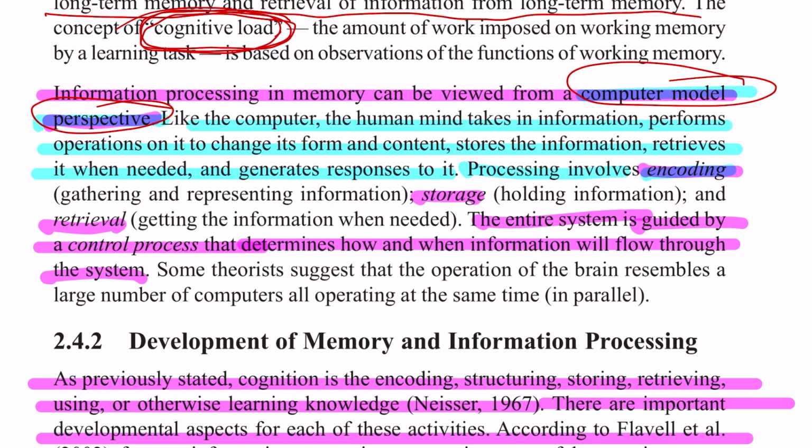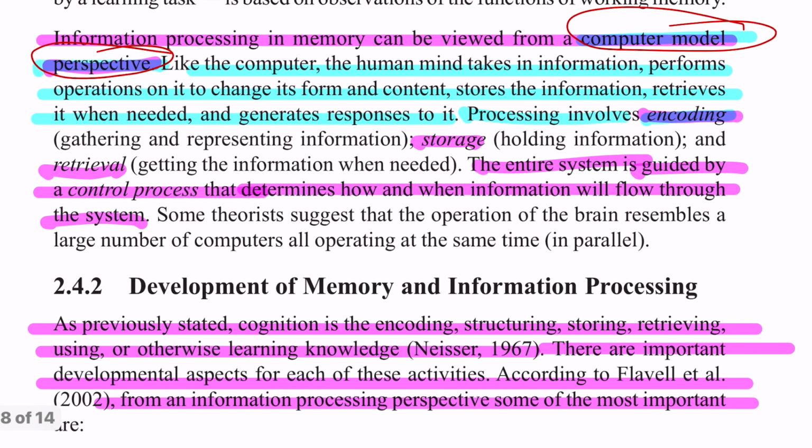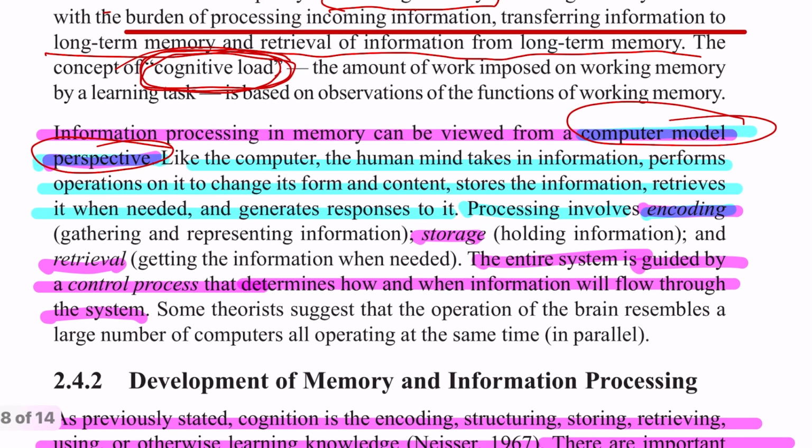And that process is controlled by some mechanism जो कंट्रोल करता है कि विच इंफॉर्मेशन विल कम आउट एंड हाउ इट विल वर्क, दैट काइंड ऑफ थिंग. So that control mechanism is there. So that was the computer model of memory.